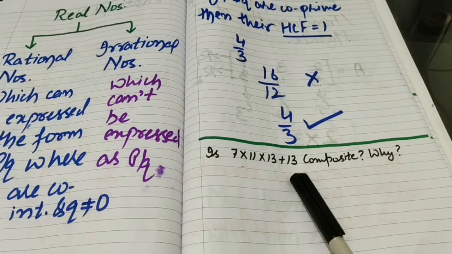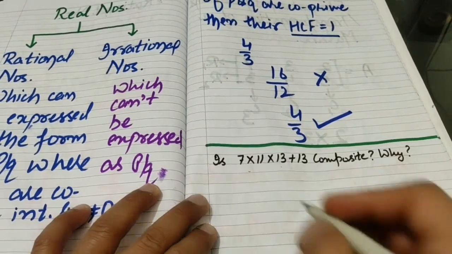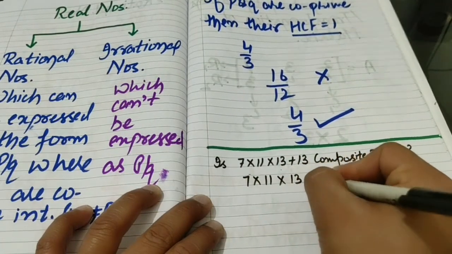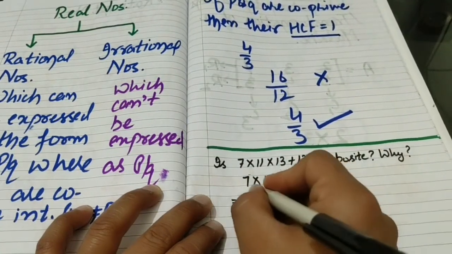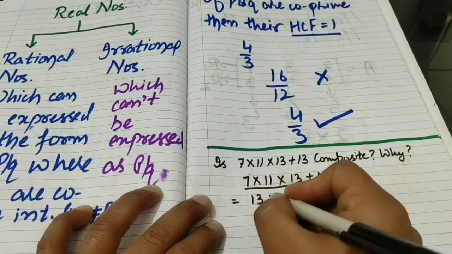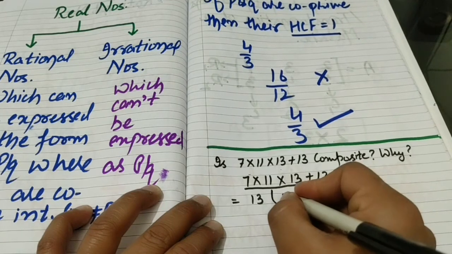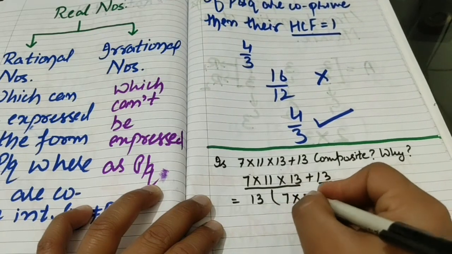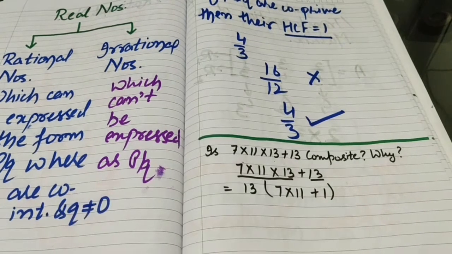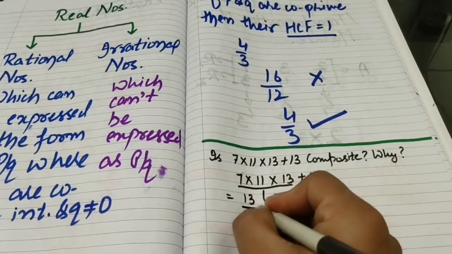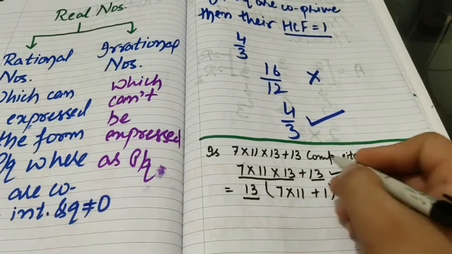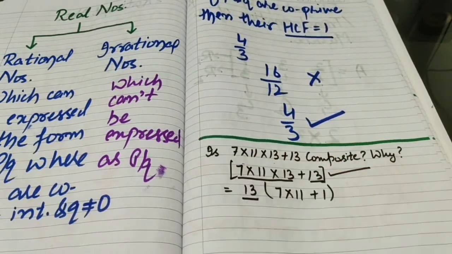And we know that 7 into 11 into 13 plus 13 can be written by taking 13 common using the distributive property, and in the bracket we are left with 7 into 11 plus 1. Since we are able to take 13 common, it means 13 is a factor of this given number.